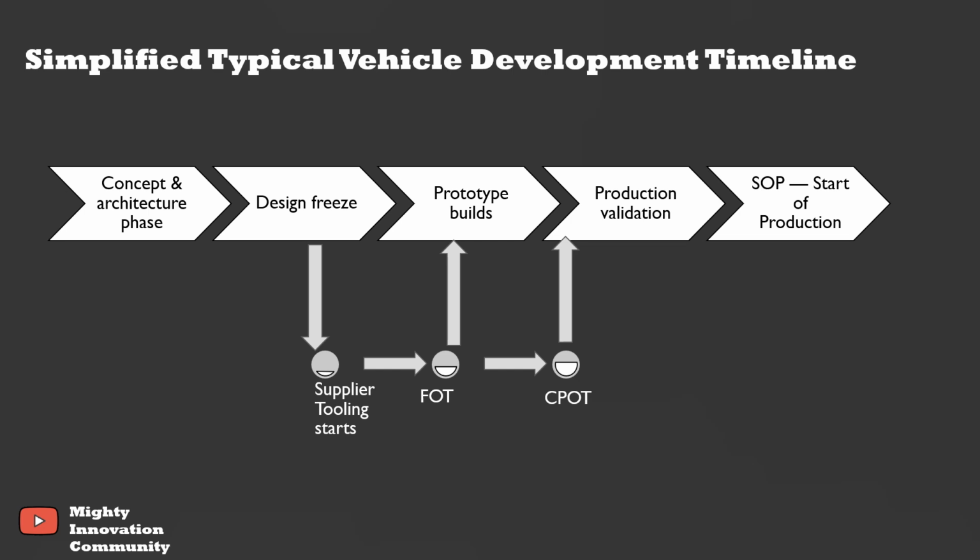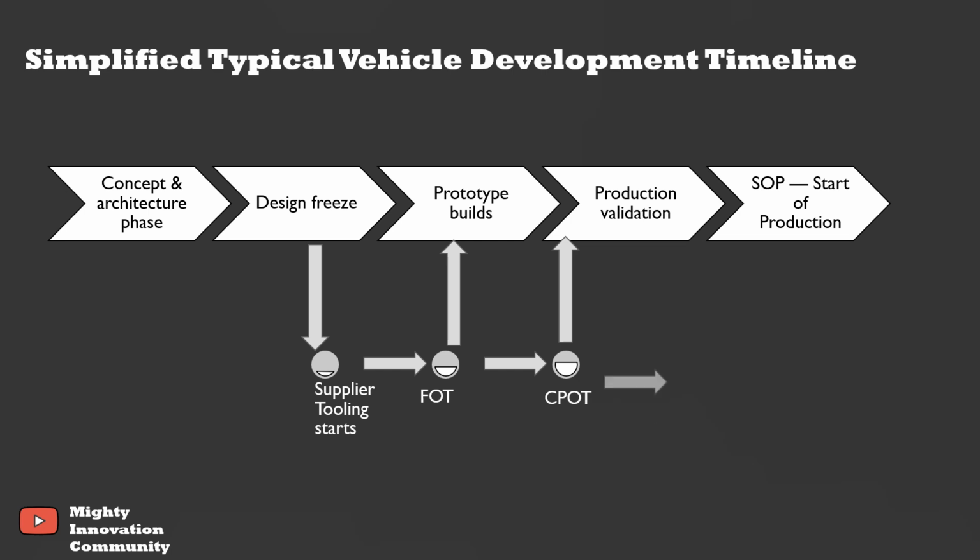The design and tools are locked, and OEMs can expect CPOT parts to be used in production validation builds. So this will allow OEMs to perform V&Vs on vehicles like durability testing, NVH testing, environmental regulation validations. So simply put, CPOT is when the OEM says this part is ready to support production intent vehicles.